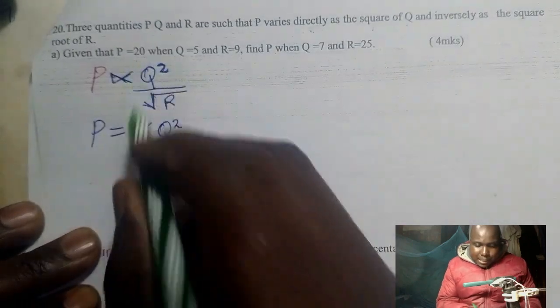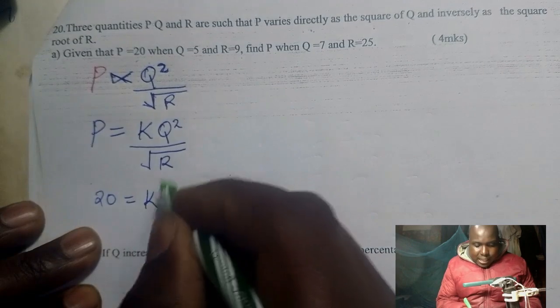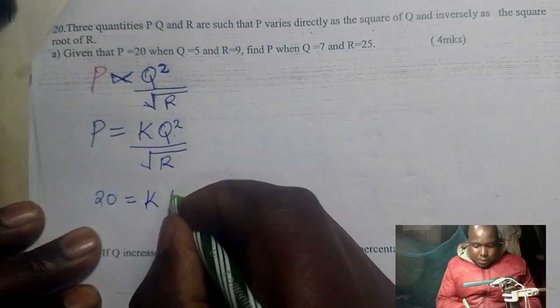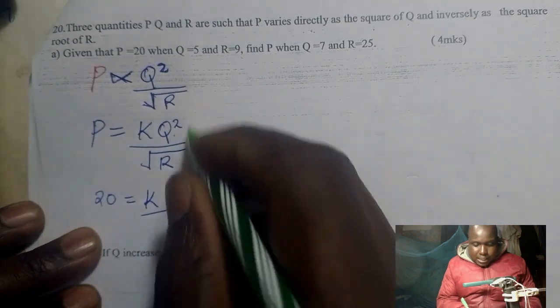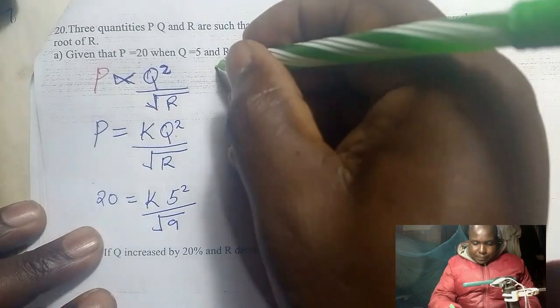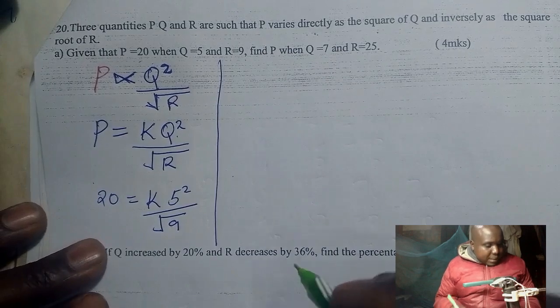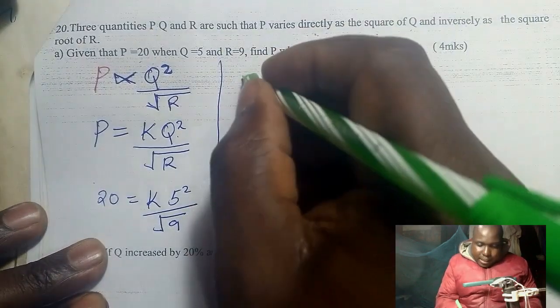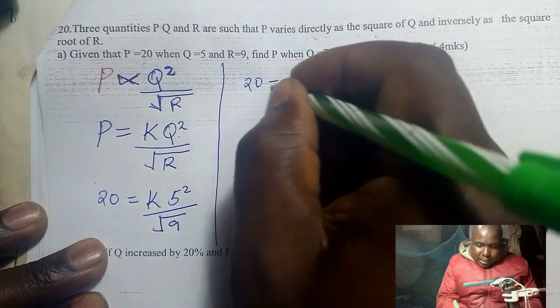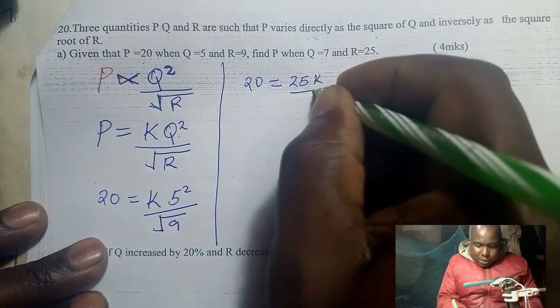So when P is 20, it equals K times 5 squared divided by the square root of 9. So that means 20 is equal to 25K divided by 3.